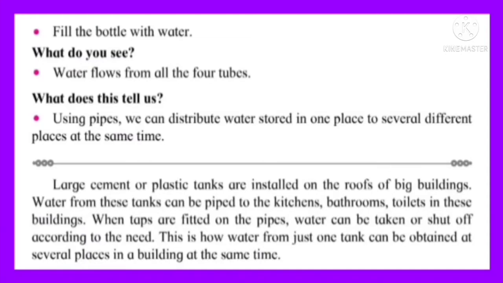Now, when it goes to each house, it goes to the kitchen, to the bathroom, to the toilets of these houses, and water is supplied to all the places at the same time as soon as you open the tap which is fitted to the pipe, right? That means you can open it and use the water for your need and then shut it when you don't need it. Isn't it very wonderful? So this is how one tank can supply water to several places in a building at the same time.